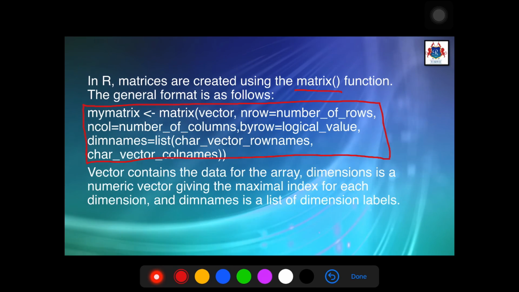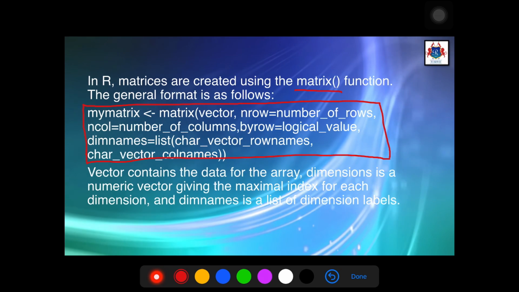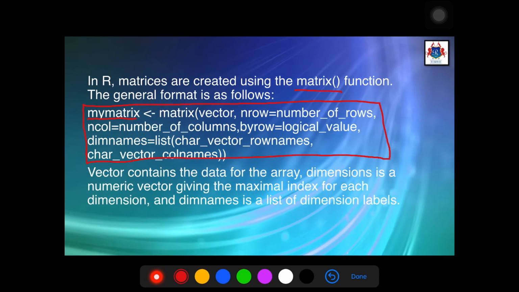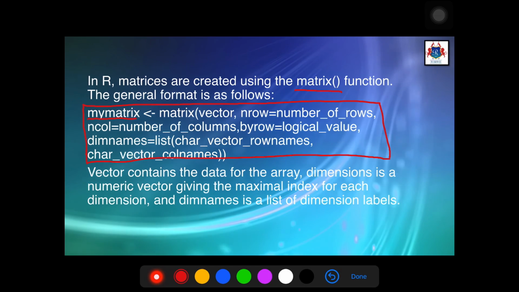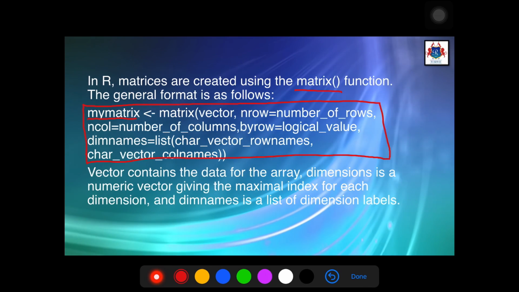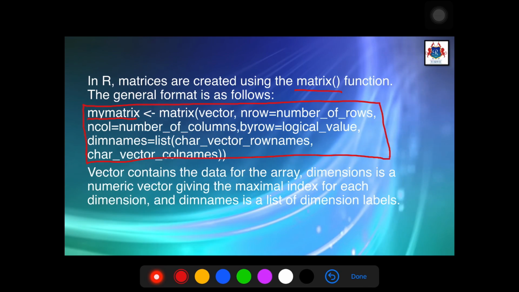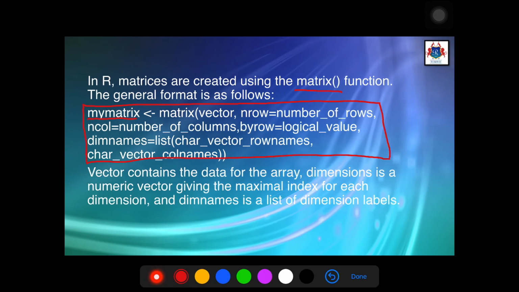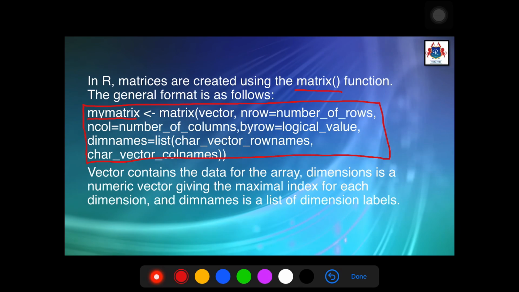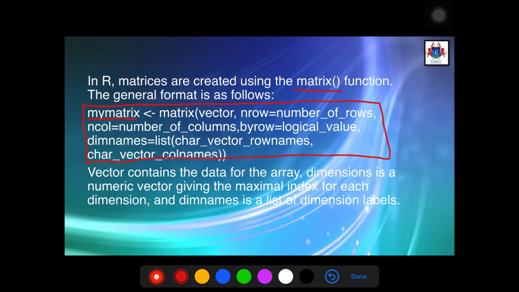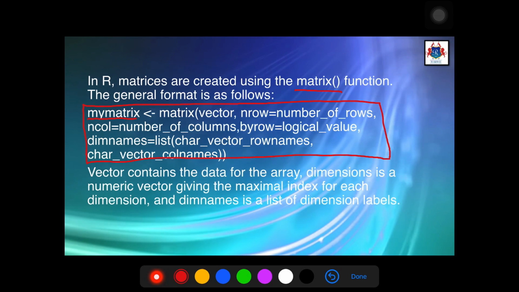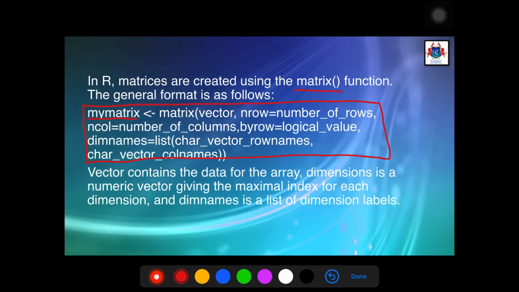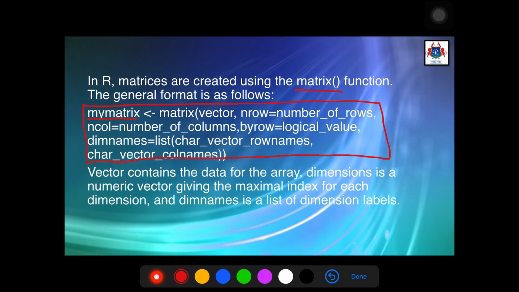Here I have created a matrix called my matrix, and this is the syntax: matrix in brackets vector, nrow that shows the number of rows, ncol that shows the number of columns, byrow that shows a logical value, dimnames list character vector row names, comma character vector column names.